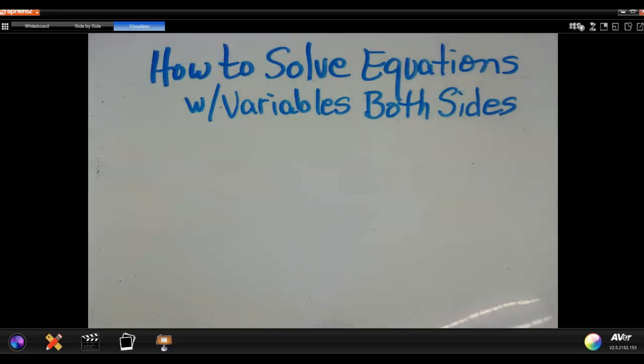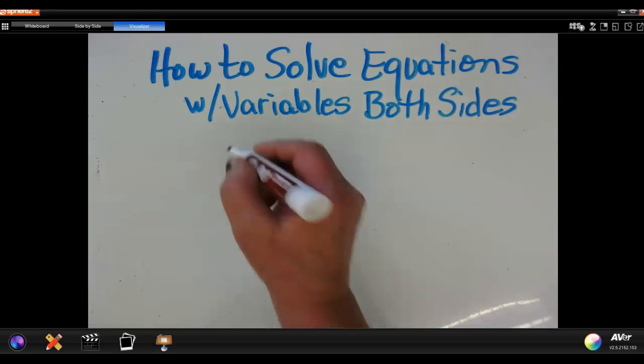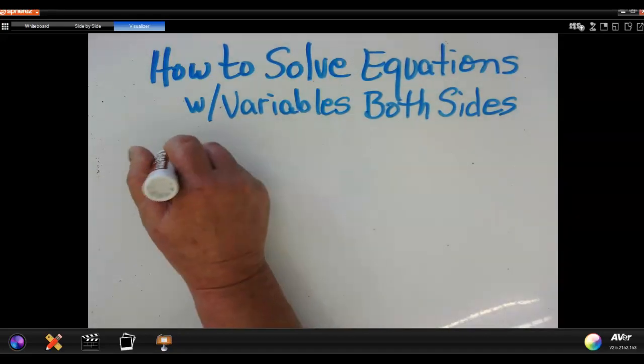Okay, so this video is how to solve equations with variables on both sides. So let's start with a problem that looks like this.